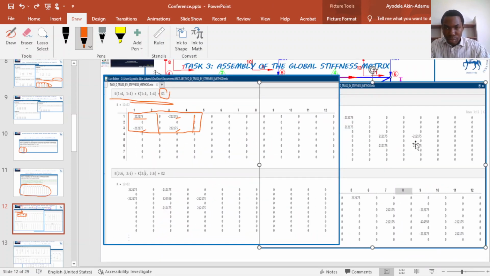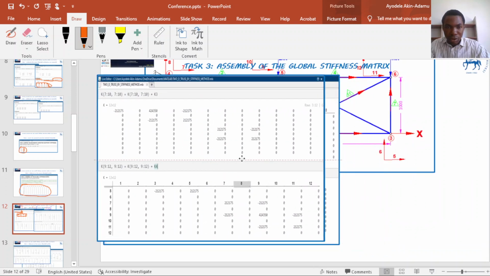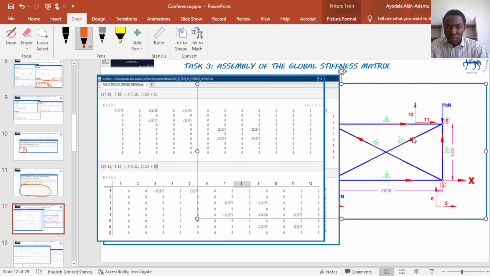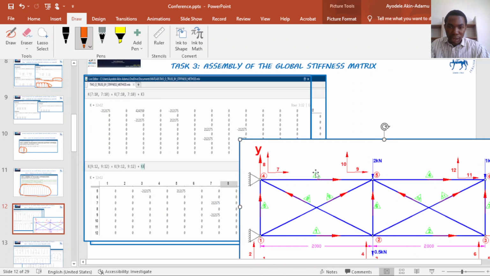Let me bring this forward. This is another one. This is for K3. Element 3, because the arrow is pointing from node 4 to node 5, the numbering will be 7, 8, 9, 10.